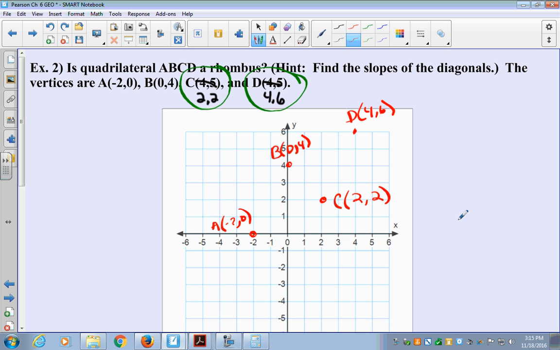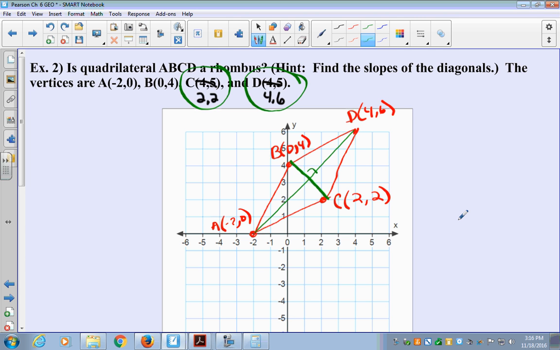Let's go ahead and draw that out so we can see what that shape looks like. And if we're testing to see if it's a rhombus, we're going to see if those diagonals make a nice 90-degree angle.